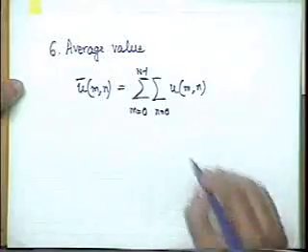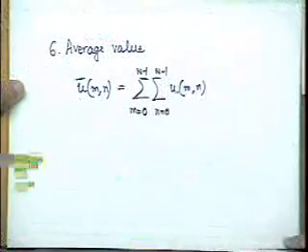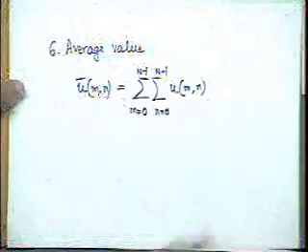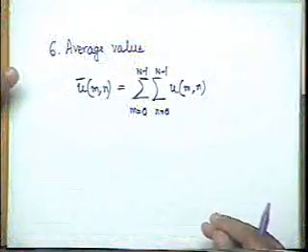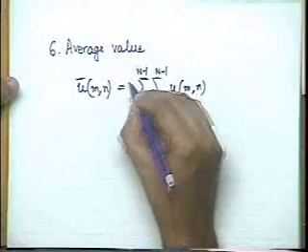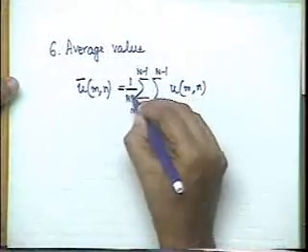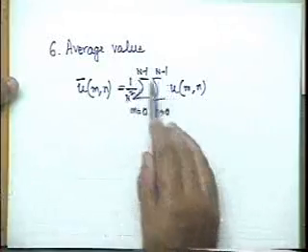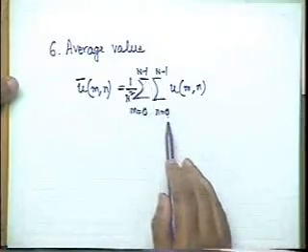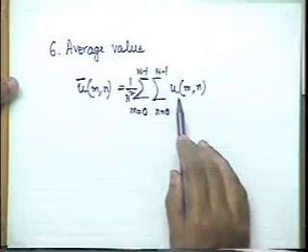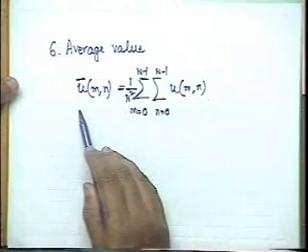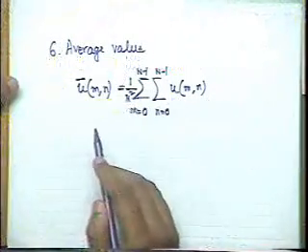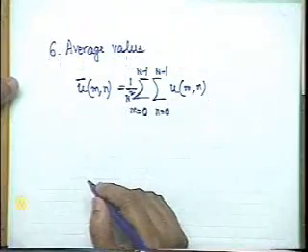So this gives us the summation of all the pixels in the image, and this has to be multiplied by 1 upon n square. So 1 upon n square times the summation gives us the average value. And now we have to relate this to the frequency component V00.